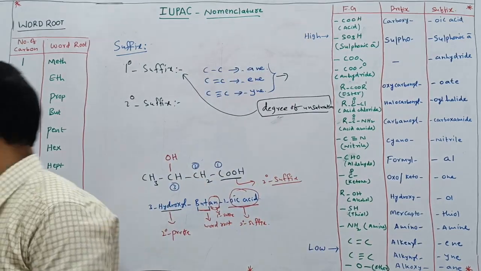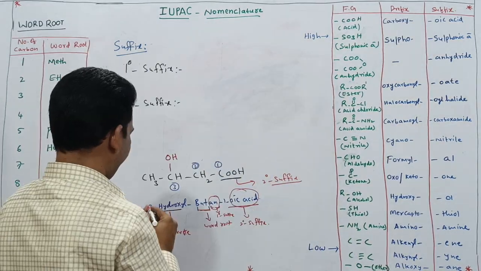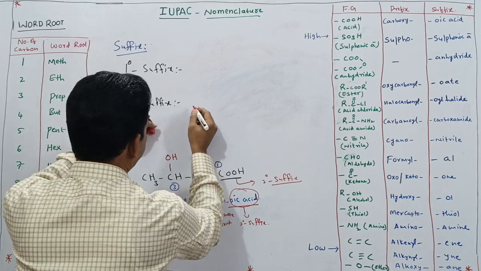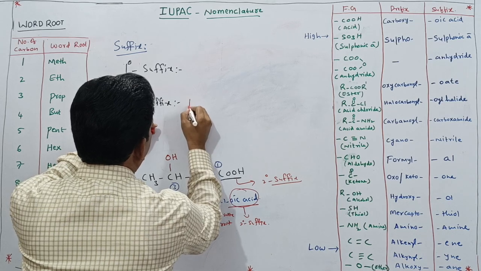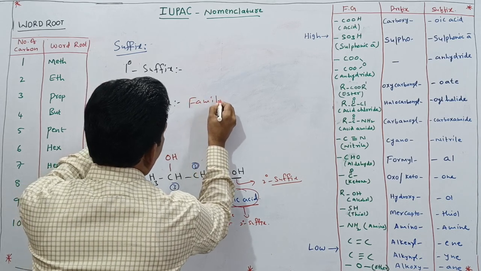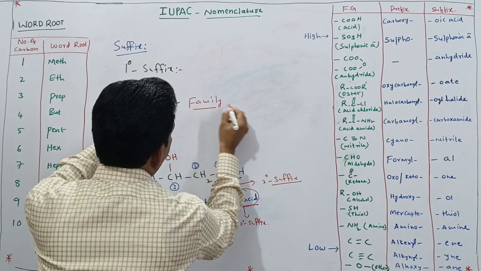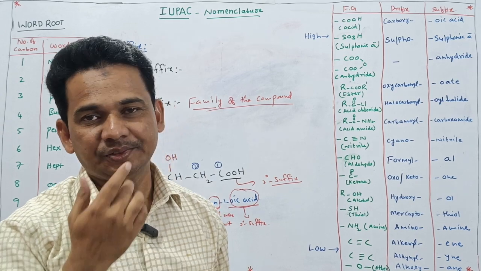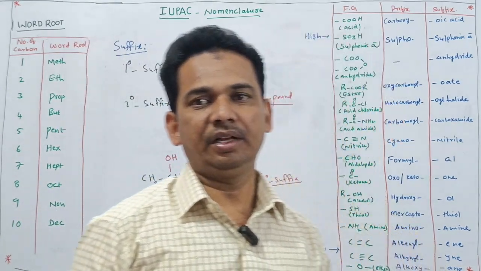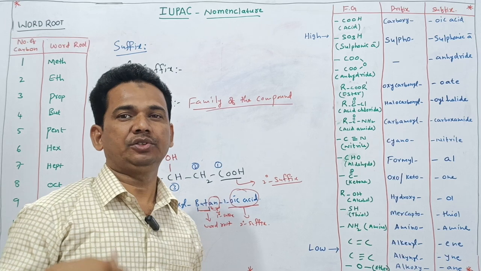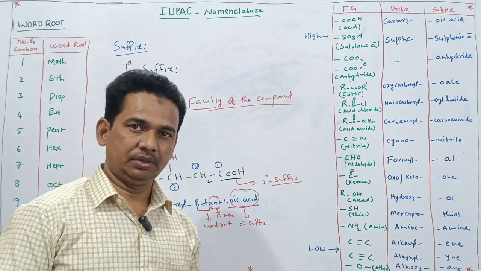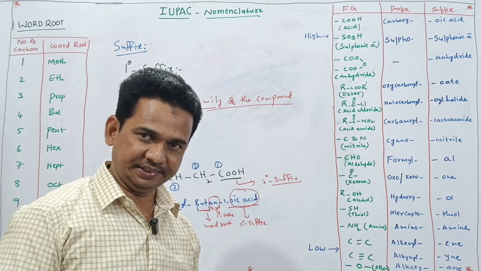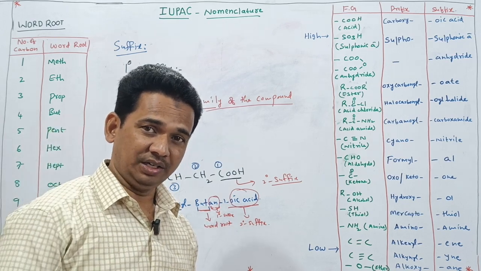Now we'll go for the secondary suffix. The secondary suffix we also mention after the word root. It tells about the family of that particular compound. Which family does it belong to? Is it the acid family, or ester, or amine, or mercapto, or anhydride, or alcohol?